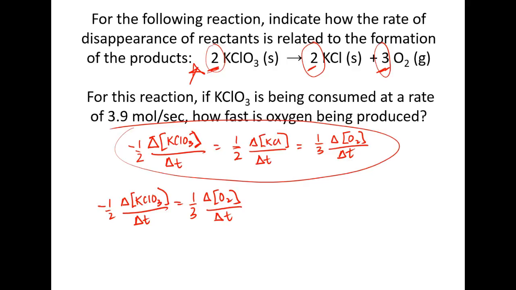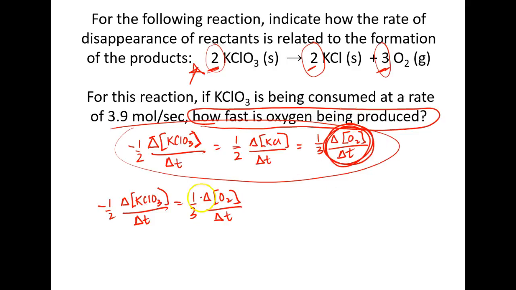Now, when I want to solve for how fast oxygen is being produced, I'm really talking about this part by itself. So I have to get rid of this 1/3 and move it to the opposite side. So if I rearrange, I would have negative 3/2 change in concentration of KClO3 over time equals change in concentration of oxygen over change in time.